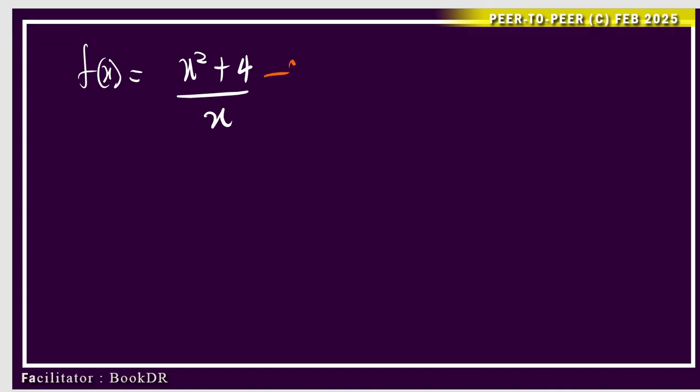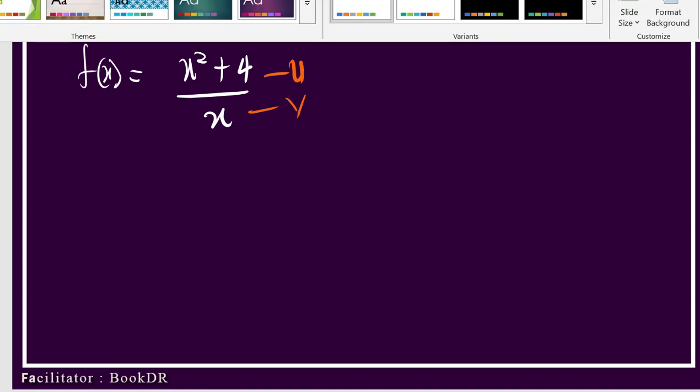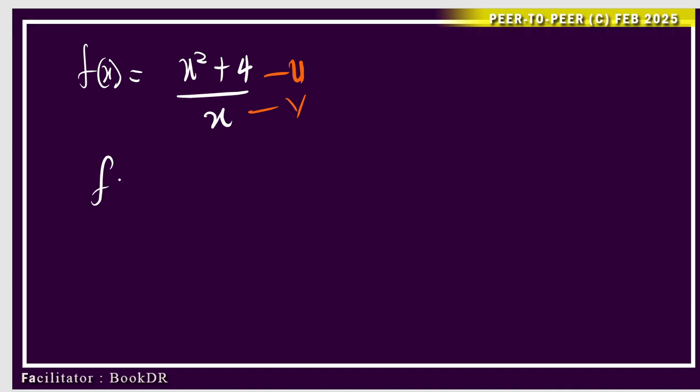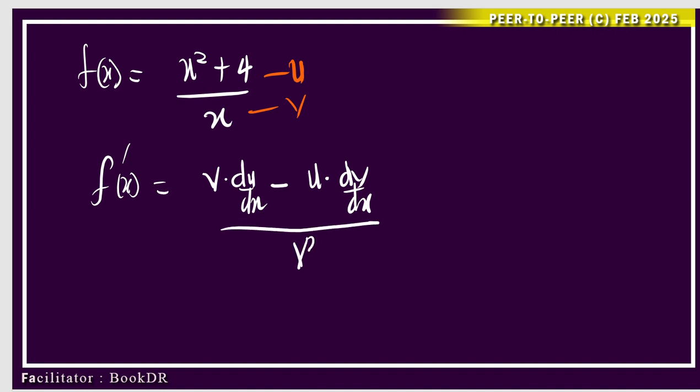We know this is our u function and this is our v function, and by the quotient rule of differentiation, our derivative of f of x is equal to v dot du dx minus u dot dv dx all over v squared.